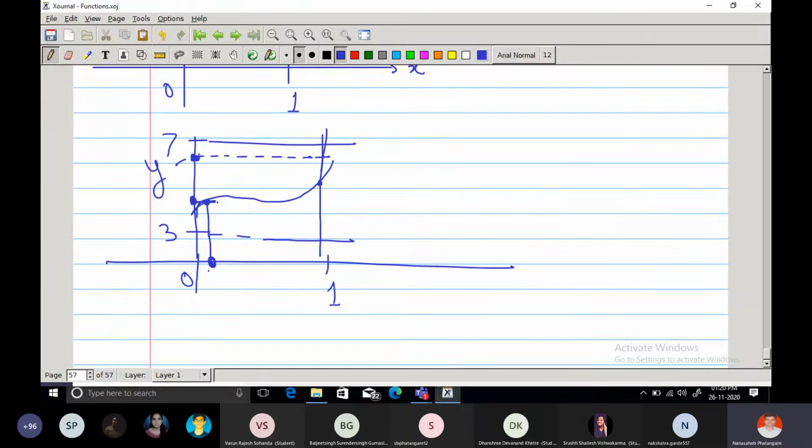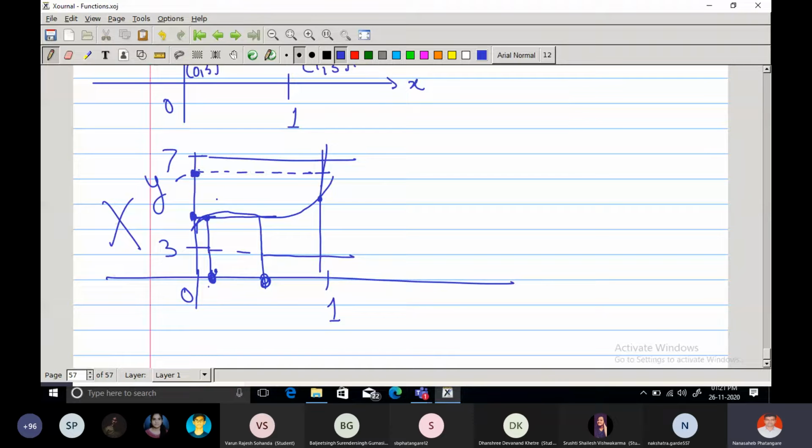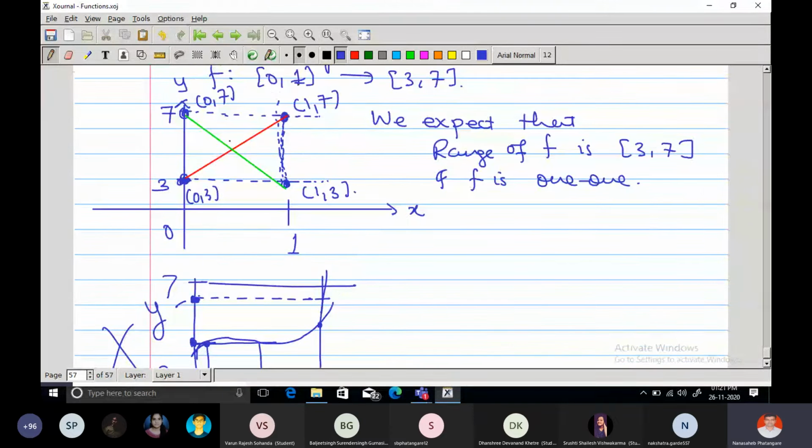So this graph cannot be a graph of a 1-1 function. And the simplest way to look at it, just look at the straight lines which join the opposite corners of a rectangle. Then these are the graphs of bijective functions because you choose any point, and a corresponding point exists in the domain.